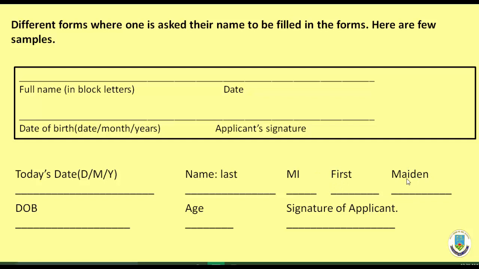And the maiden name. Maiden name refers to a woman's surname before her marriage. So after marriage, there are times that a woman uses the surname of her husband.